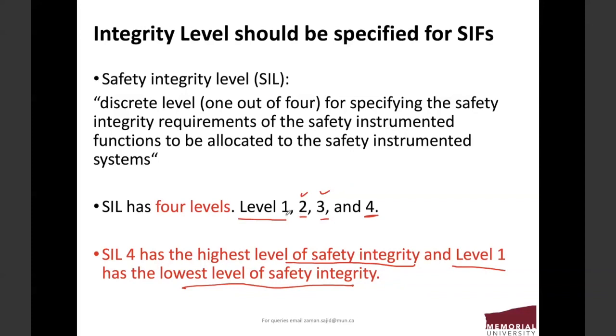If the system is not safe at level 1, we will see through our numericals how we identify this SIL, then we move to the next level of safety. If we identify that the system is still not safe using level 2, we move to level 3, and so on. If the system is not safe at level 3, we move to level 4. That is the highest safety integrity that we can provide to the system.